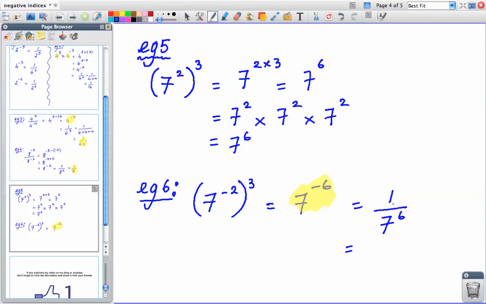So whenever you get a big number, it's okay to leave it as a power. And just so if you're curious, 7 to the power of 6 is 117,649. And don't worry, I didn't work it out in my head, I used the calculator. Okay, and that's my final answer.